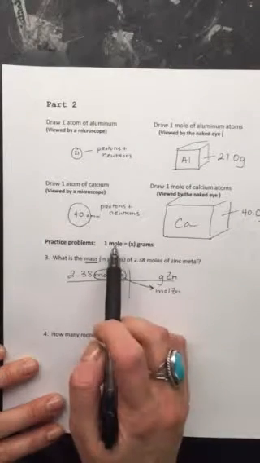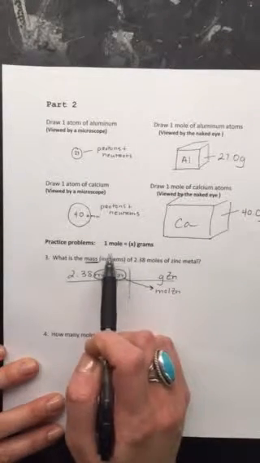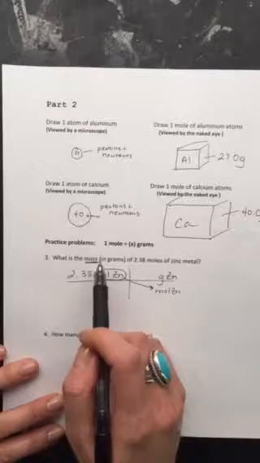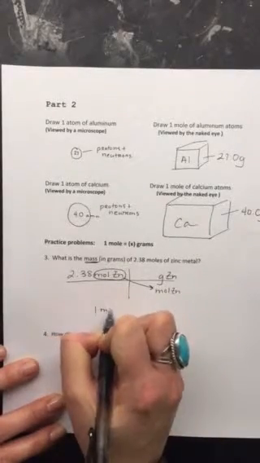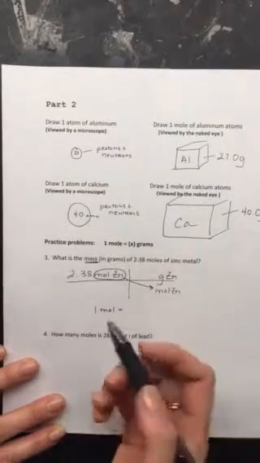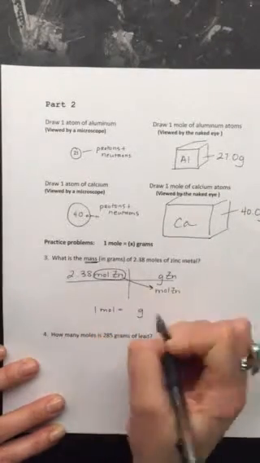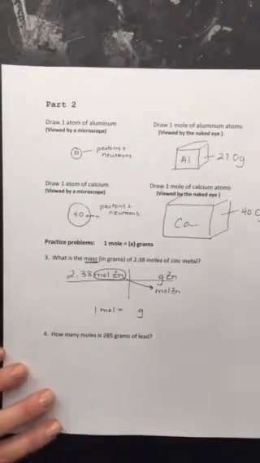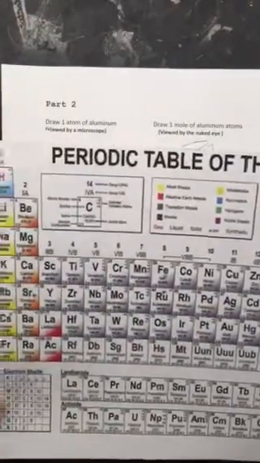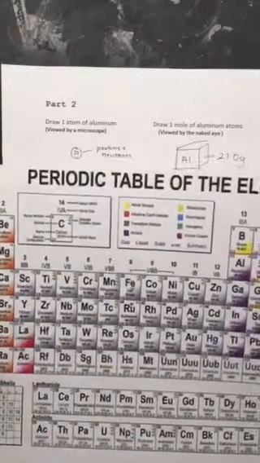We've got a conversion factor for every single element, and each one is going to be different. Our conversion factor is always 1 mole is equal to a certain number of grams, and we figure out that number of grams by looking on the periodic table. The one we're looking at today is zinc.